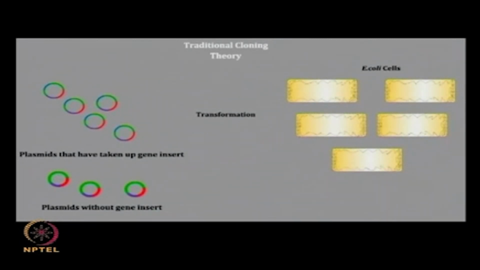Once the insert has been introduced into the plasmid vector in the desired orientation, they are transformed into suitable bacterial host cells. This can be done by techniques such as electroporation, chemical sensitization, etc., which make the cell membrane relatively permeable, thereby allowing the plasmids to enter the cell.